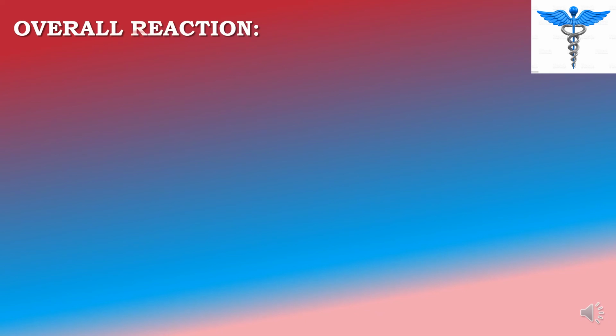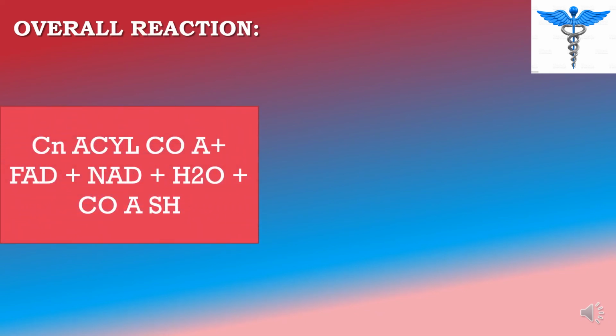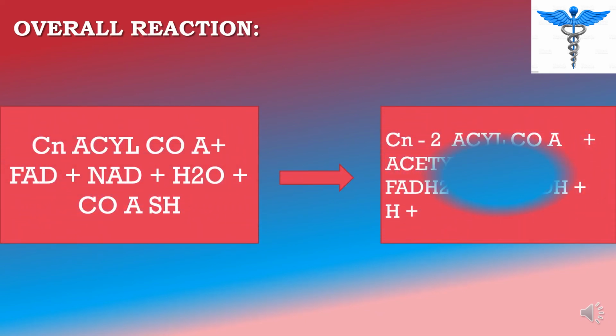Here you can see the overall reaction. These are the reactants, while these are the products. Acyl coenzyme A, carbon number may differ. It may vary. It may be either 16 or 32, depending upon the fatty acid used. FAD, NAD, H2O and coenzyme A with the thiol group are on the reactant side.